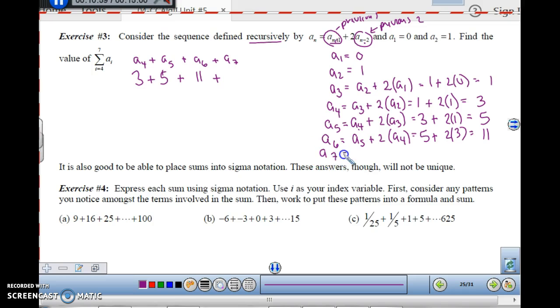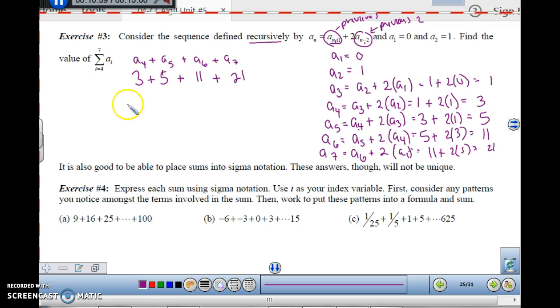A of 7 would be a of 6 plus 2 times a of 5, because 2 previous to 7 is a of 5. And that is equal to a of 6, which is 11, plus 2 times 5, which is equal to 21.